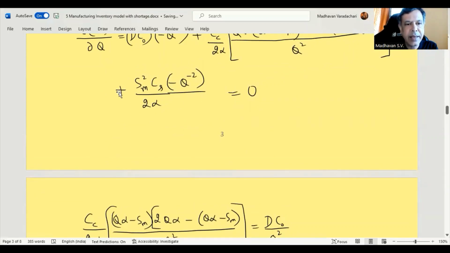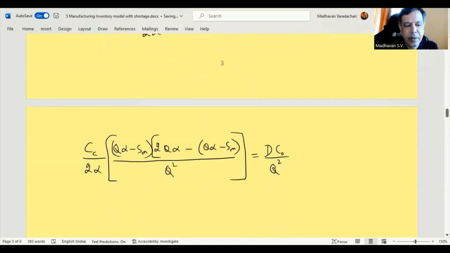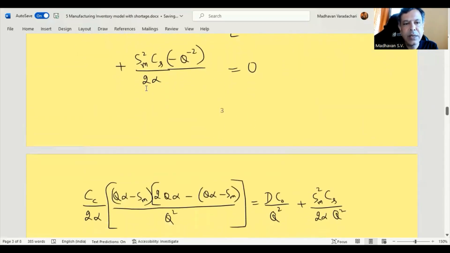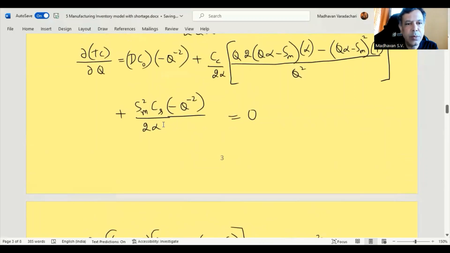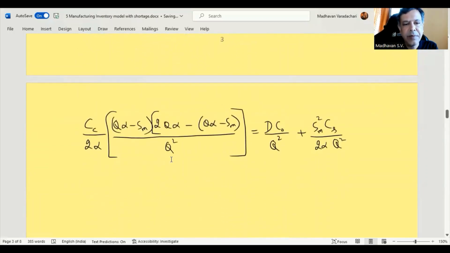We can rewrite it as Sm square Cs divided by 2 alpha Q square plus Sm square Cs divided by 2 alpha Q square. Because we equated it to 0, that's why we took these two terms to the right side. Now everywhere in the denominator Q square is there, we can cancel that, both left hand side and right hand side.